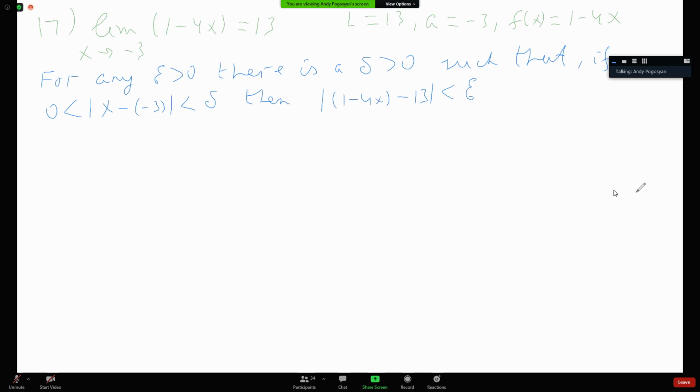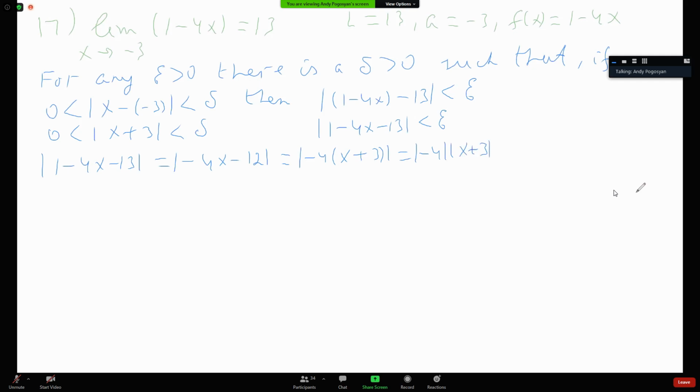Now, a few things. Notice 0 is less than absolute value of x plus 3, less than delta. This one, you have absolute value of 1 minus 4x minus 13 less than epsilon. Now start. 1 minus 4x minus 13 equals negative 4x minus 12, which is negative 4 times the absolute value of x plus 3.